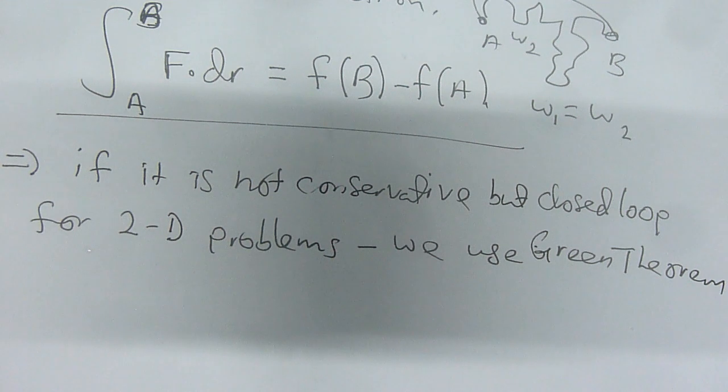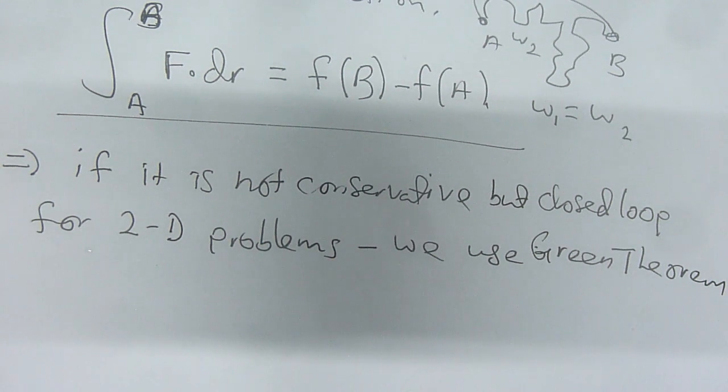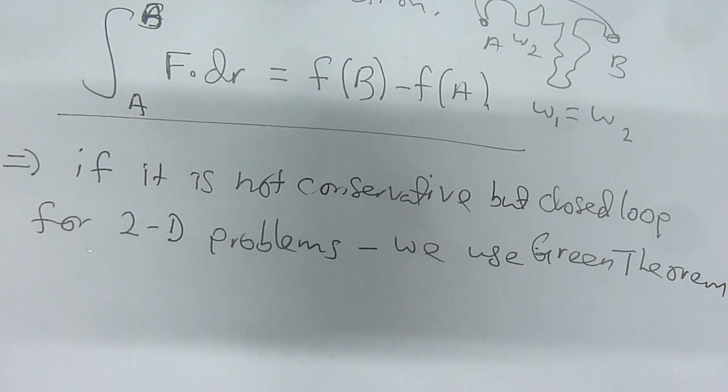Simple. Make it as simple as possible. If it is not conservative but it is a closed loop for 2D problems, we use Green's theorem, right? Almost all of you will agree with me. Yes, we did learn. I don't know if I call this method 8 or what, but as long as you know it's Green's theorem, we use this technique, right?